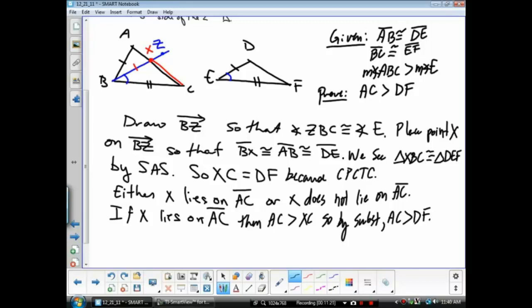If X does not lie on AC, then we have the harder proof, and that's where this proof gets difficult.